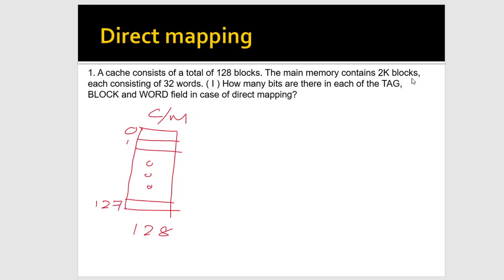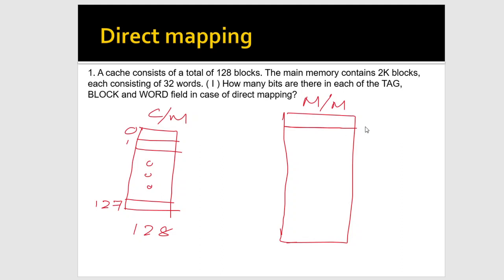Then the main memory contains 2K blocks. So this is my main memory. This is my starting block address B0, and this is the second block address, and the last block is numbered 2K, where K value is here 1024, so 2K is 2048.